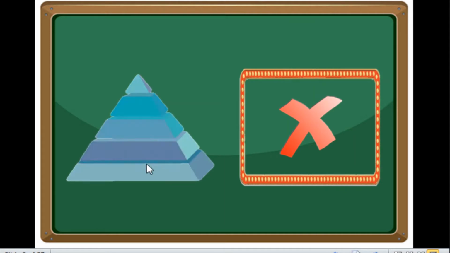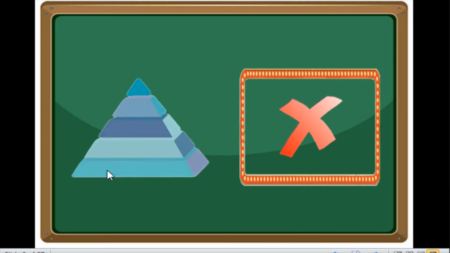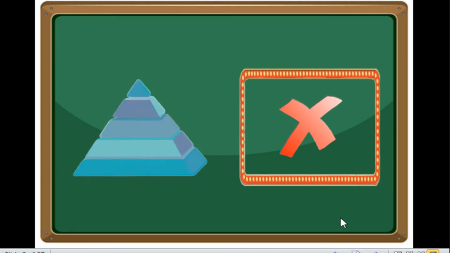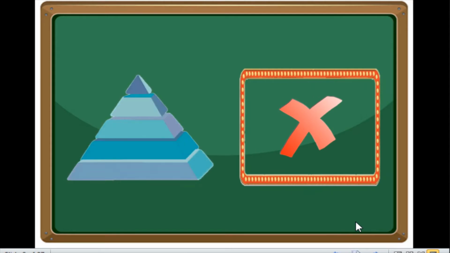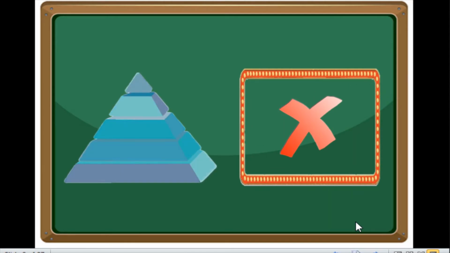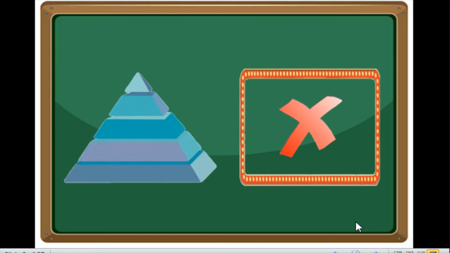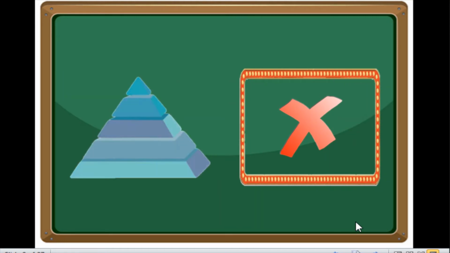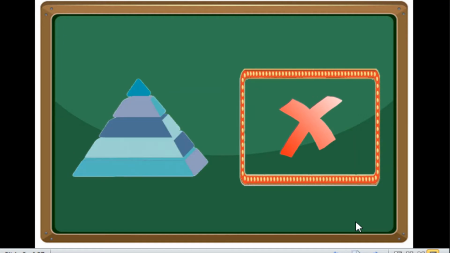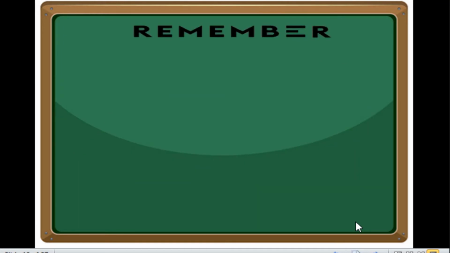From the figure itself, it is a triangle. It's not a quadrilateral. Can you follow? Just simply remember, equiangular quadrilaterals are shapes having 4 equal angles. Remember?